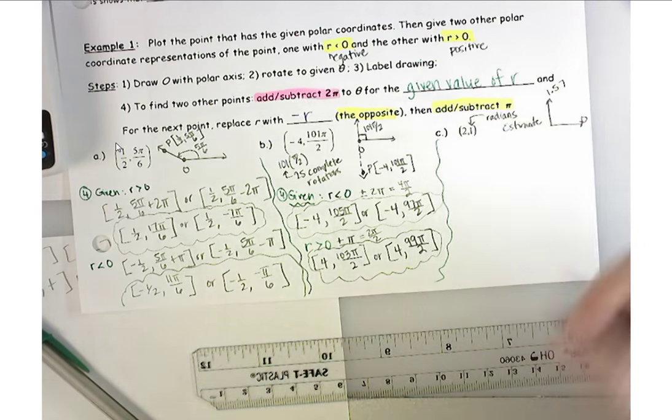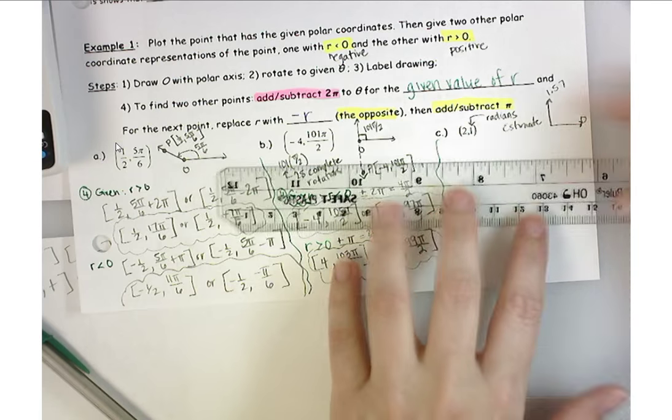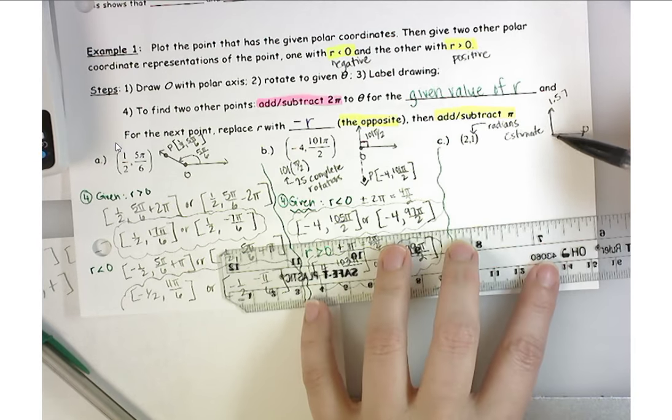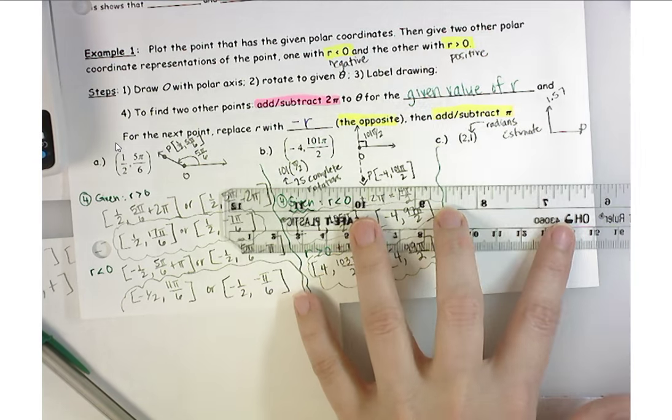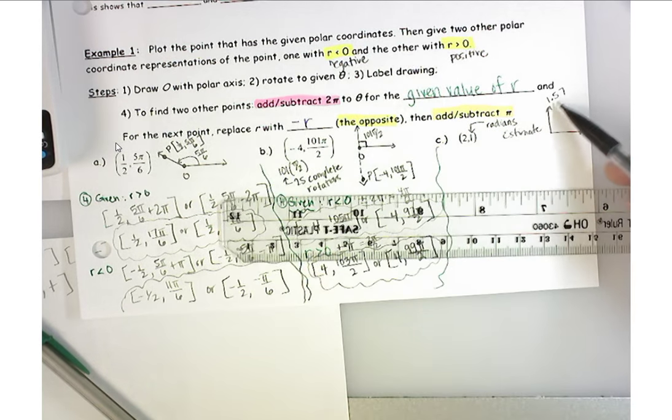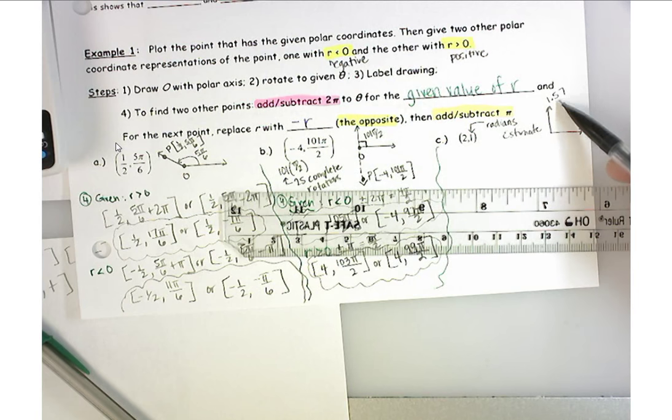So when I draw this, I'm going to estimate 1 to be somewhere around here. You can think of, if you cut this in half, right? Half of 1.5 is about 0.75. Okay, so that'd be about 0.77.